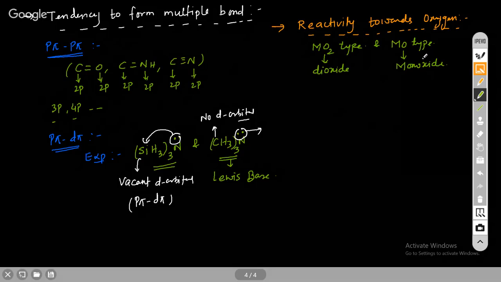One note you write down here, all these small note points are important.